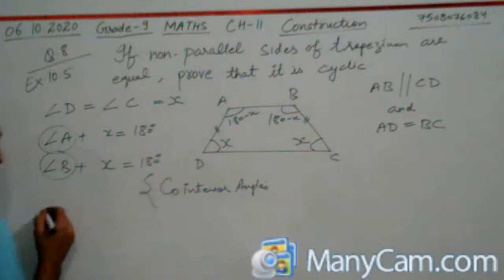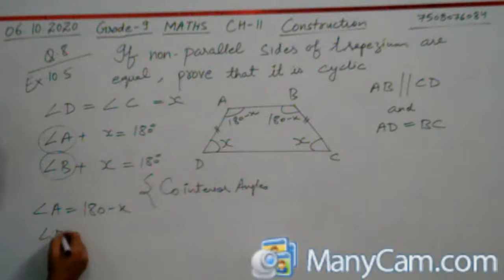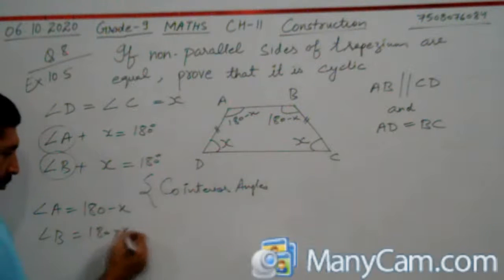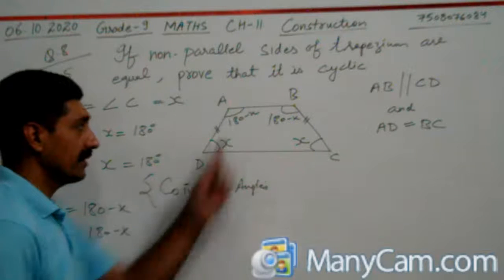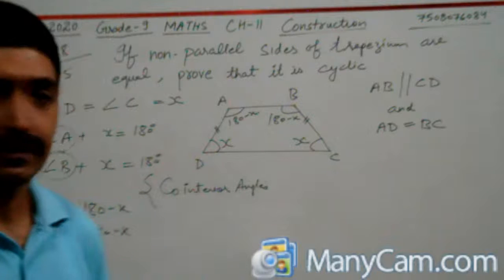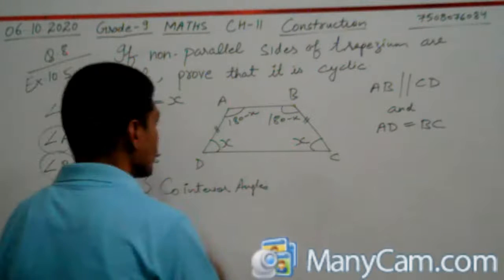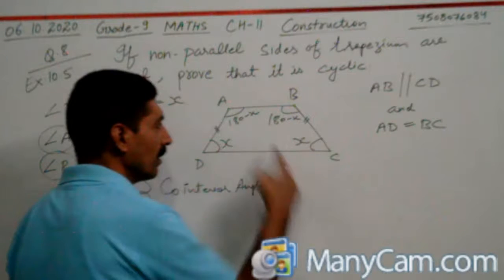So what is angle A? Angle A can be written as 180 minus x, and angle B can be written as 180 minus x. So both angles are the same. You can write these as y. Okay. Now what do we have? If we add all, what do we have?